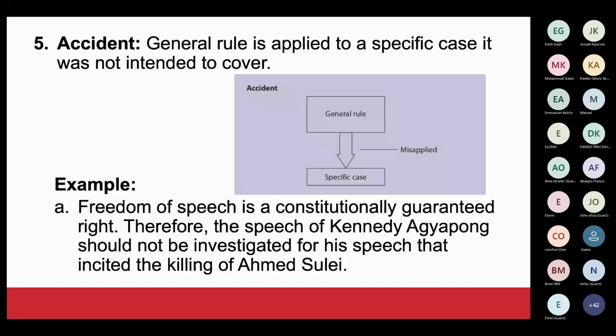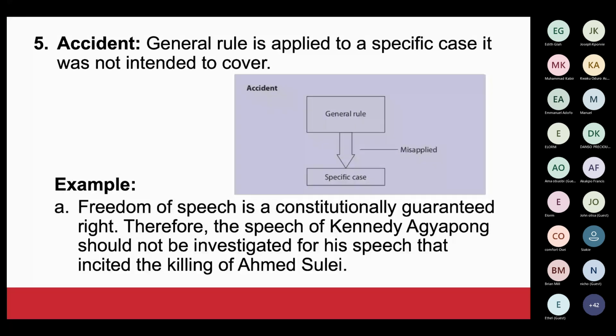In conclusion, the arguer says, regarding the speech of Kennedy Japan some time ago, he actually said a lot of things that led to the killing of Ahmed Sule. So the arguer then posed this conclusion that Kennedy Japan has not committed any offense or done any wrong by whatever he said.